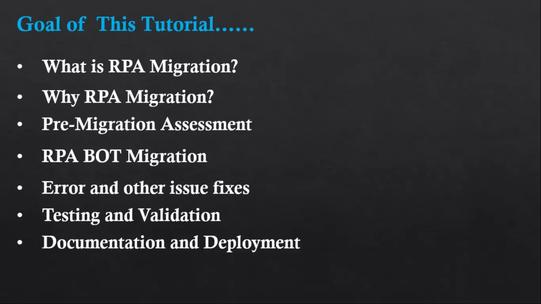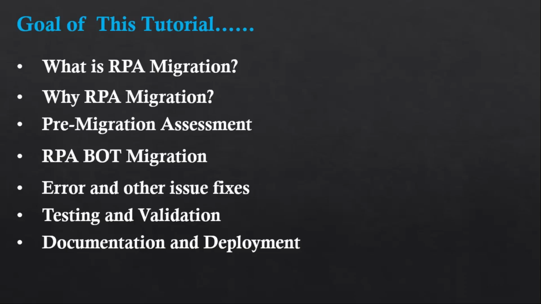So RPA migration is all about upgrading your existing RPA processes, or moving your bot from one platform to another platform. So for example, let's say your bot is running in a tool called Automation Anywhere.